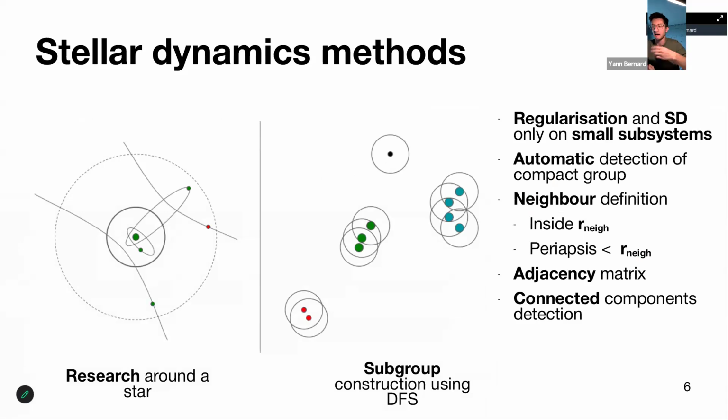On top of that, I had to implement a way to select these groups and apply this specific method only on them. I have routines that selectively search around each star for neighbors that could be potential members of groups, construct an adjacency matrix, and then do a connected components detection to build the subgroups inside my stellar clusters, in order to really focus my specific methods on these subgroups. And it works pretty well.